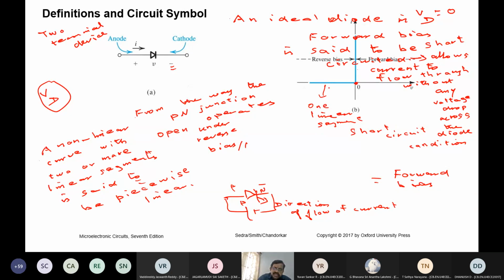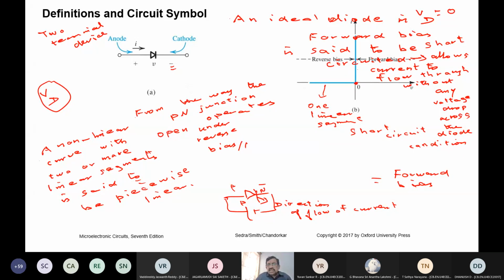I have to perform non-linear analysis. So please remember this: even though it is two linear segments, we cannot do linear analysis if the signal swings over both linear segments. If I have a signal which is swinging only in this region, then we can do a linear analysis of the circuit. Okay, this is some kind of an introduction.